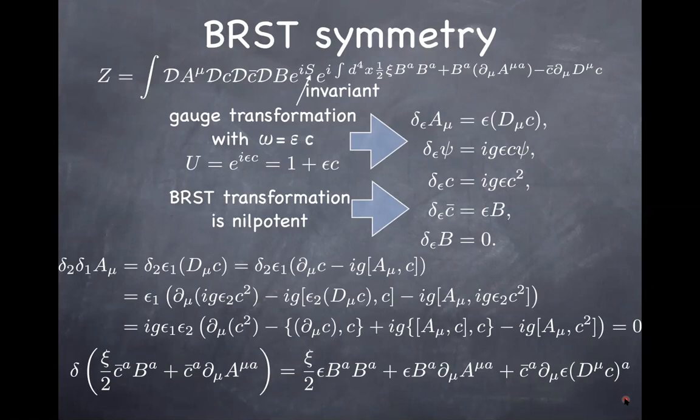So once you know this trick, everything becomes transparent, but to figure this out for the first time, it looks very non-trivial. That's why we pay homage to Becchi, Rouet, Stora, and Tyutin, who discovered this symmetry. And so I confess, it's not something I would probably have guessed at first sight.